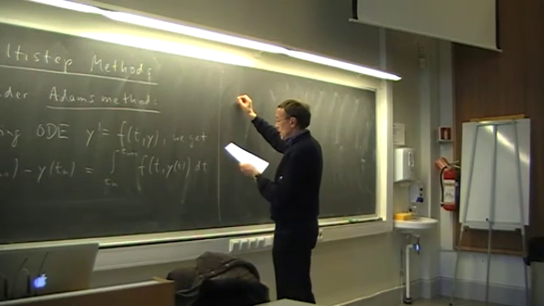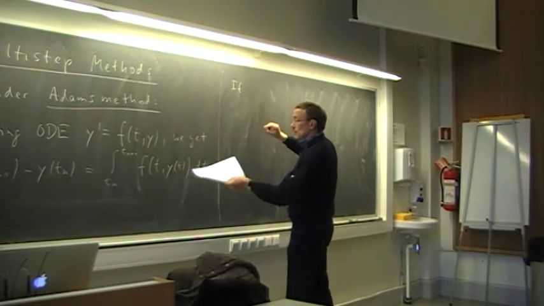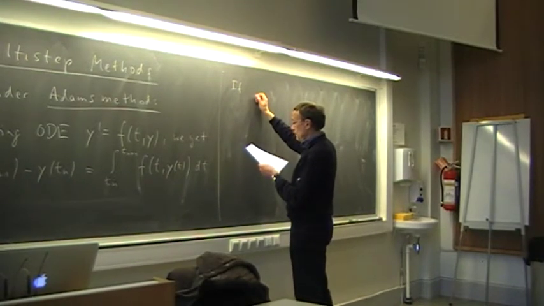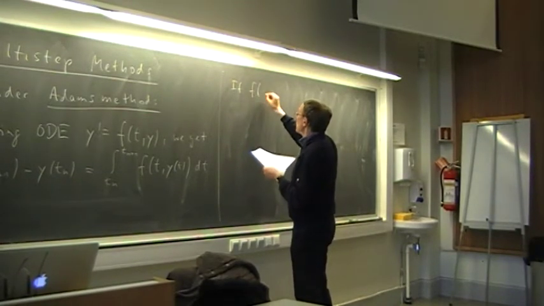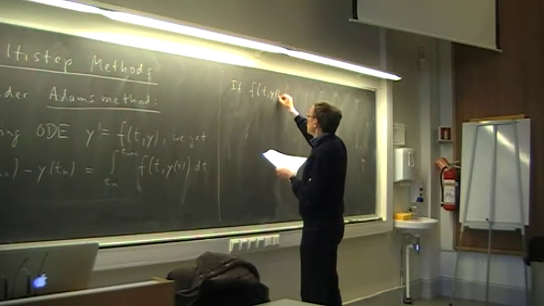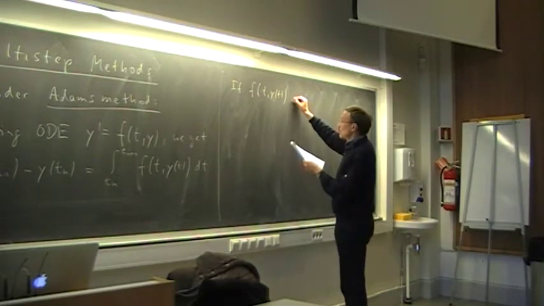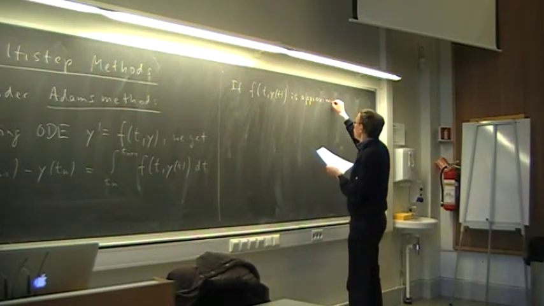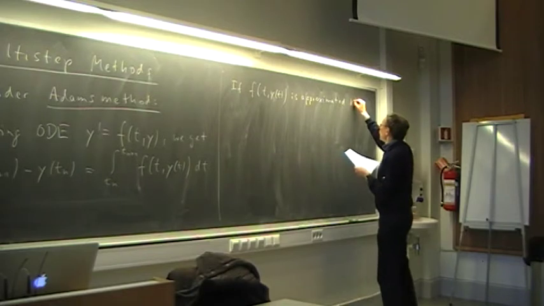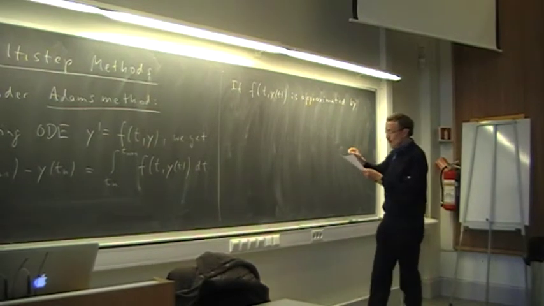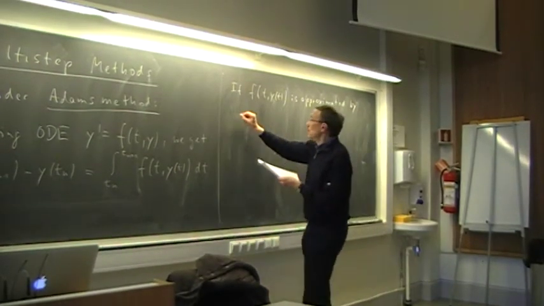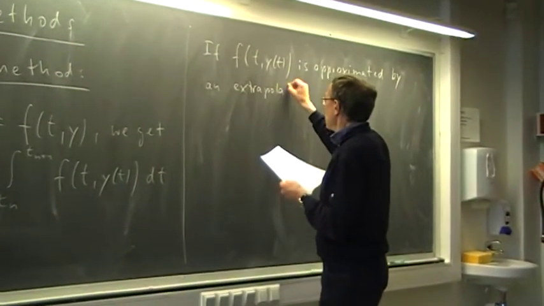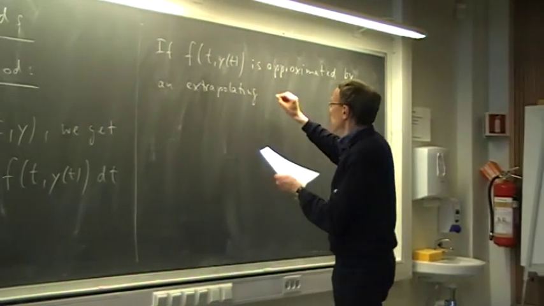So, if this is the integrand, this f of t, y of t is approximated by, and I call it an extrapolating polynomial.